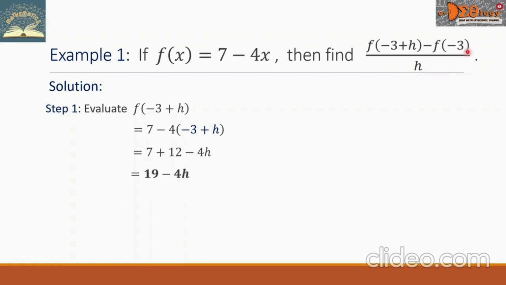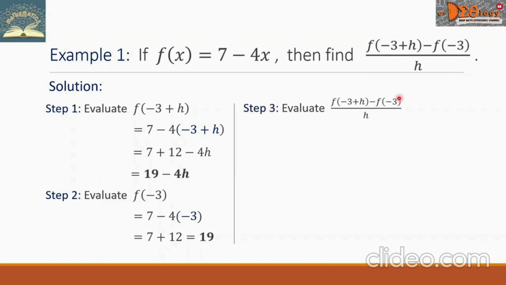Then we evaluate the second function, the f of negative 3. With our f of x here, we will now evaluate f of negative 3 as 7 minus 4 times the negative 3. We multiply negative 4 by negative 3, we have positive 12. 7 plus 12 equals 19.